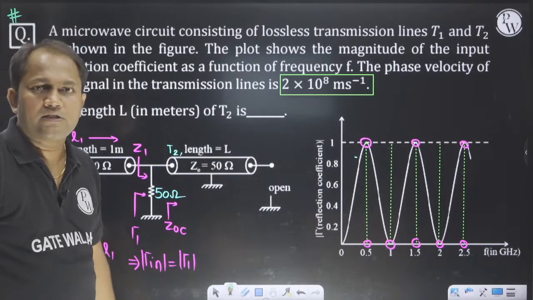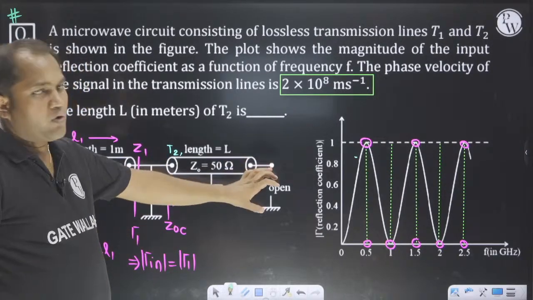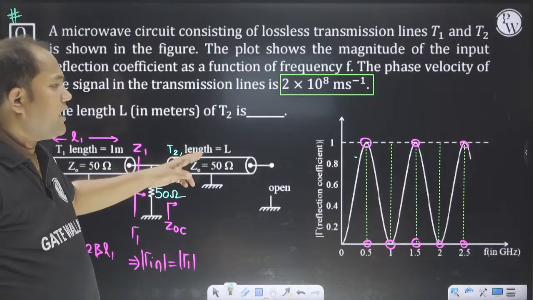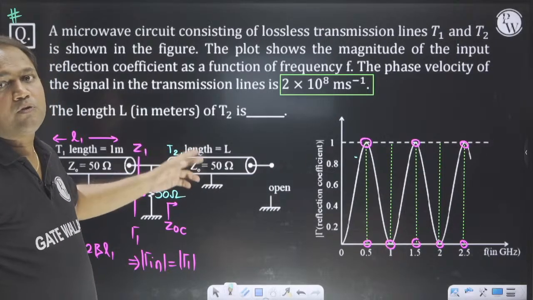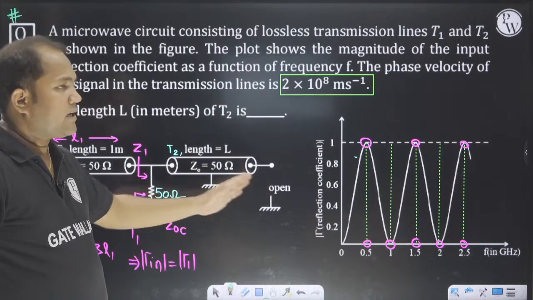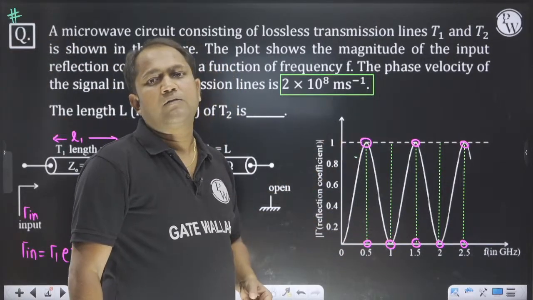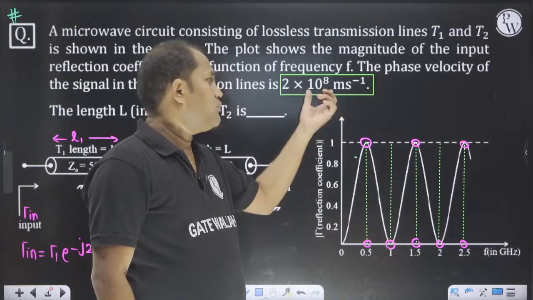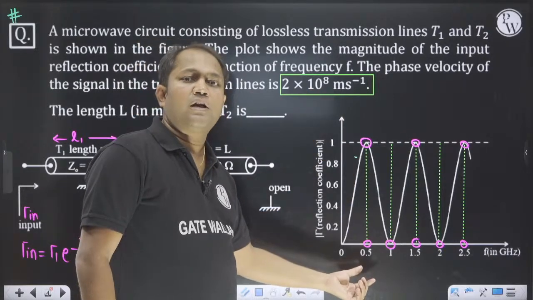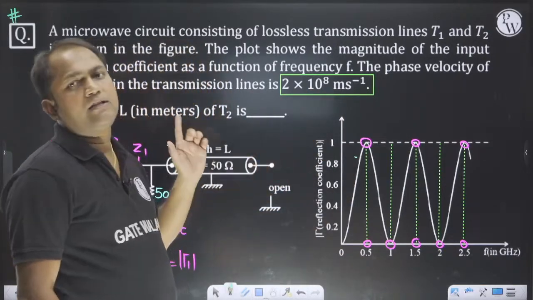This open circuit will behave like a short circuit at lambda by 4, 3 lambda by 4, 5 lambda by 4. So at lambda by 4, we know the frequency, we know the phase velocity, so we know the lambda, so we can find out the length.